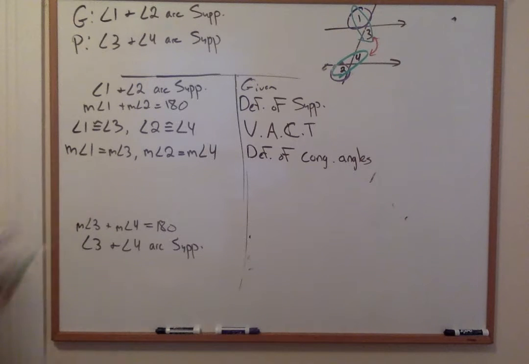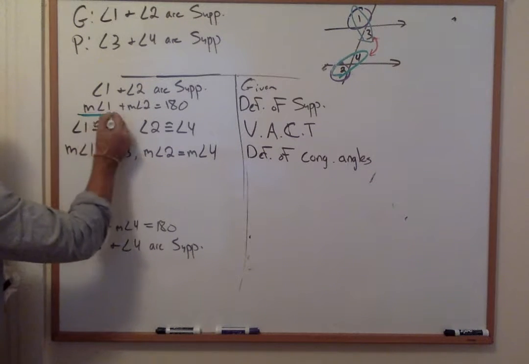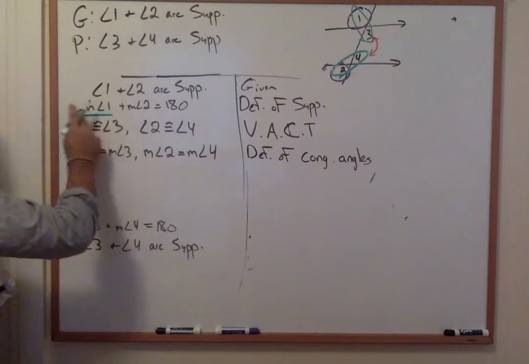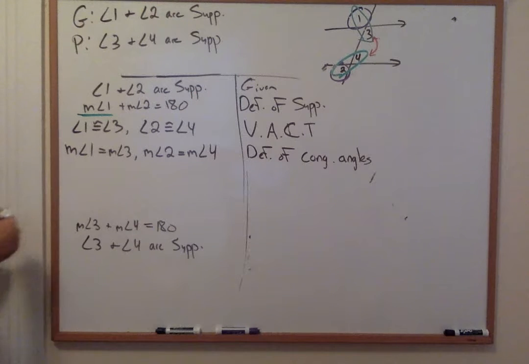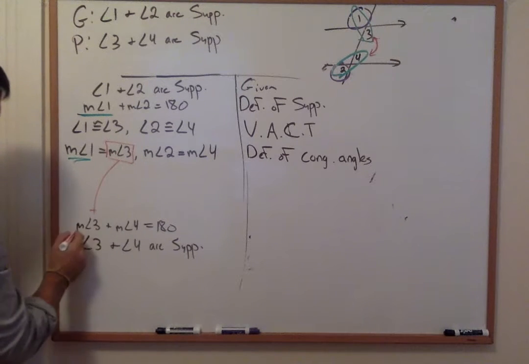And since their angles are congruent, I can take the measure of angle 1 in this supplementary equation and replace it with the measure of angle 3.